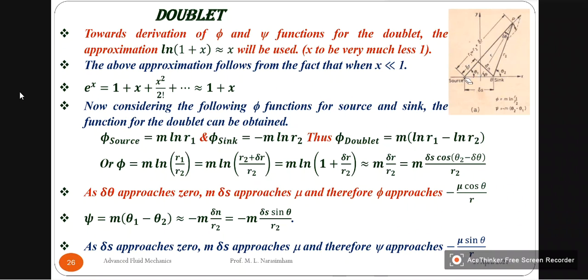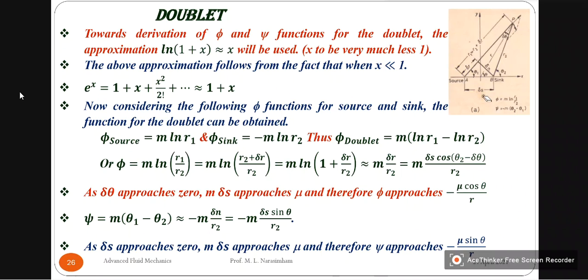So this is the source and this is the point. So this distance is R1. Similarly, the phi of a sink is given by minus m log the distance between sink and the point under consideration. So this distance is indicated as R2, as you can see in the figure here. So phi of sink is minus m log R2.